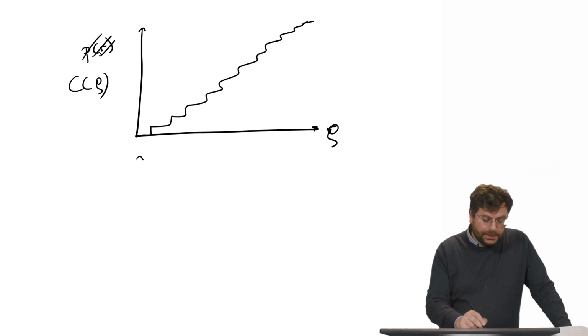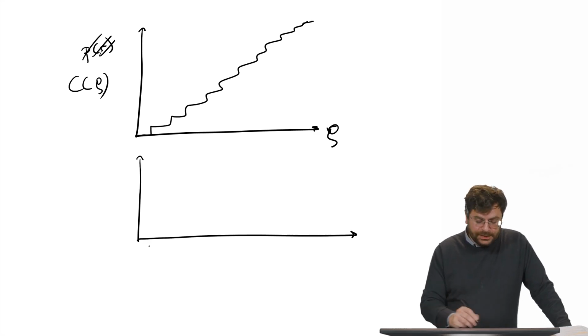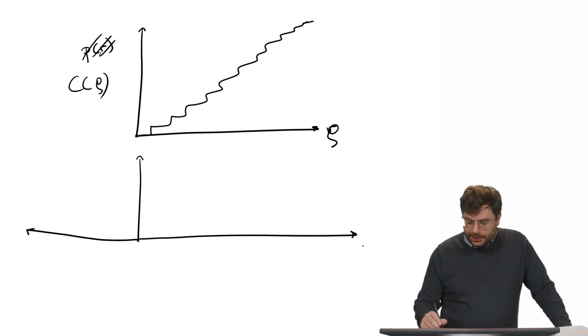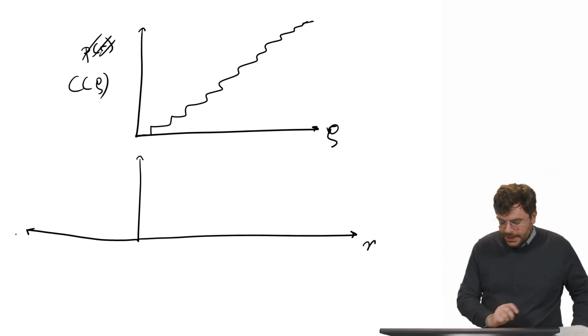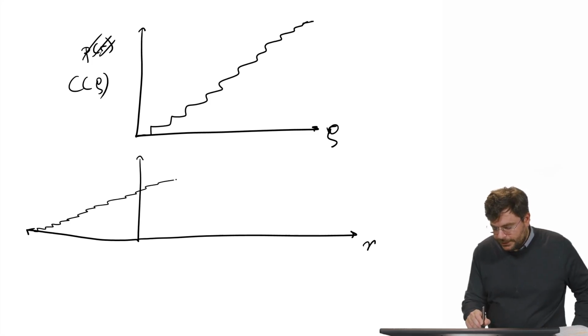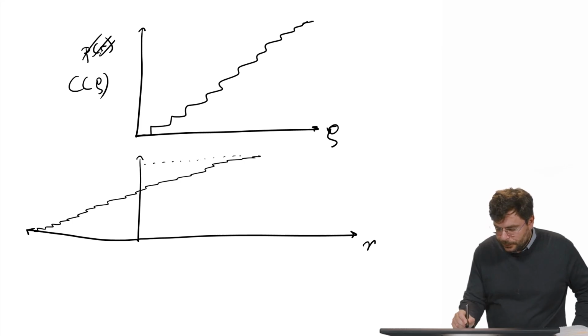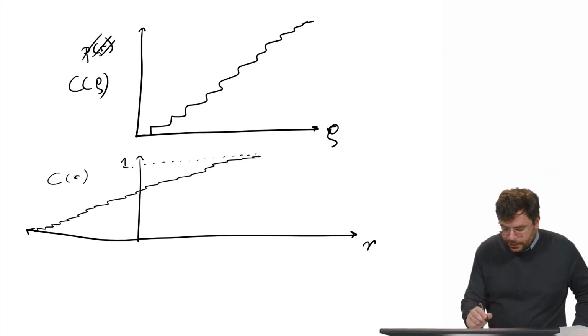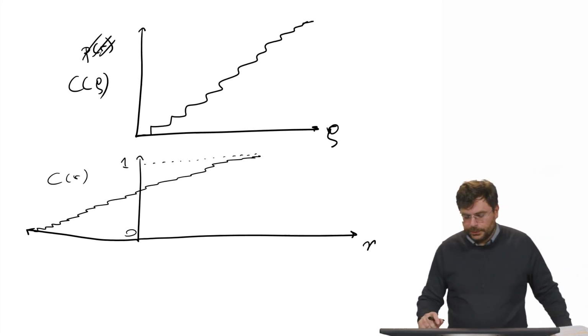And by the way, in the case of a Gaussian, the allowed values for R may be negative as well. So I can have some probability here, and then rising and going up to here. So in some sense here I'm plotting C of R versus R, and I'm plotting from 0 to 1.